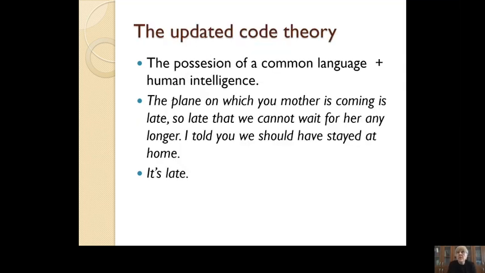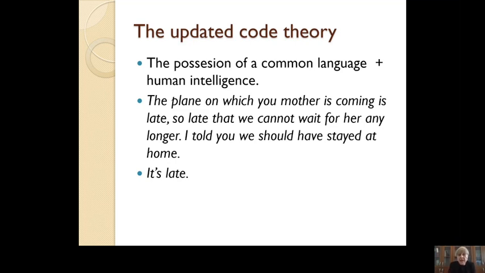Now, the adherents of the code theory of communication still believe that the possession of a common language is of fundamental importance, is of primary importance, but they take into account a certain amount of human intelligence, and they believe that it is helpful.